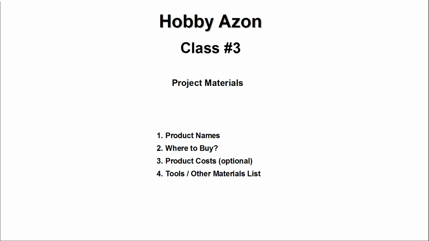So I point people to Lowe's or to Home Depot or to Walmart for that type of stuff. Major chain retailers that pretty much no matter where you live in the country, you should have one of those stores probably within 5 or 10 miles of your home. So people are familiar with it. Everything else though that's on my materials list, it all comes from Amazon.